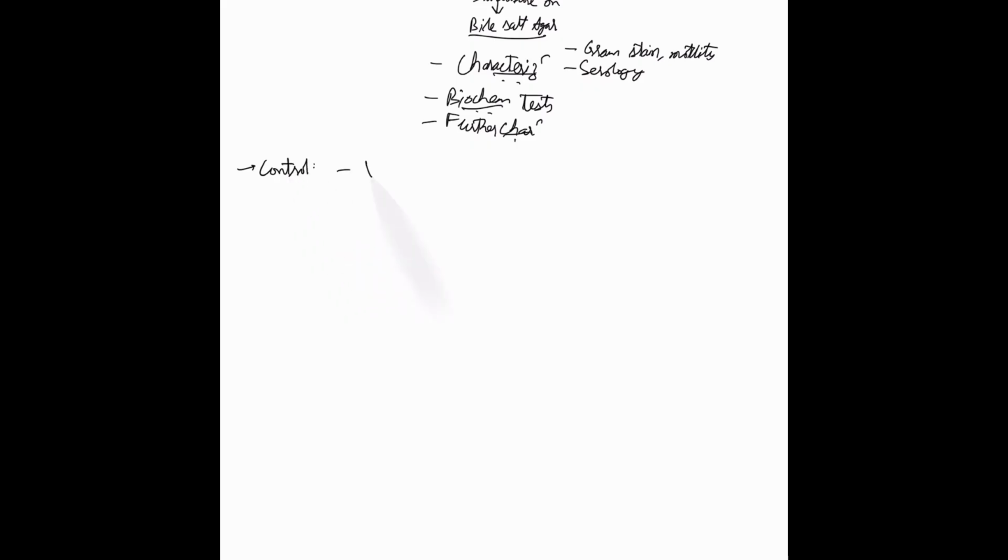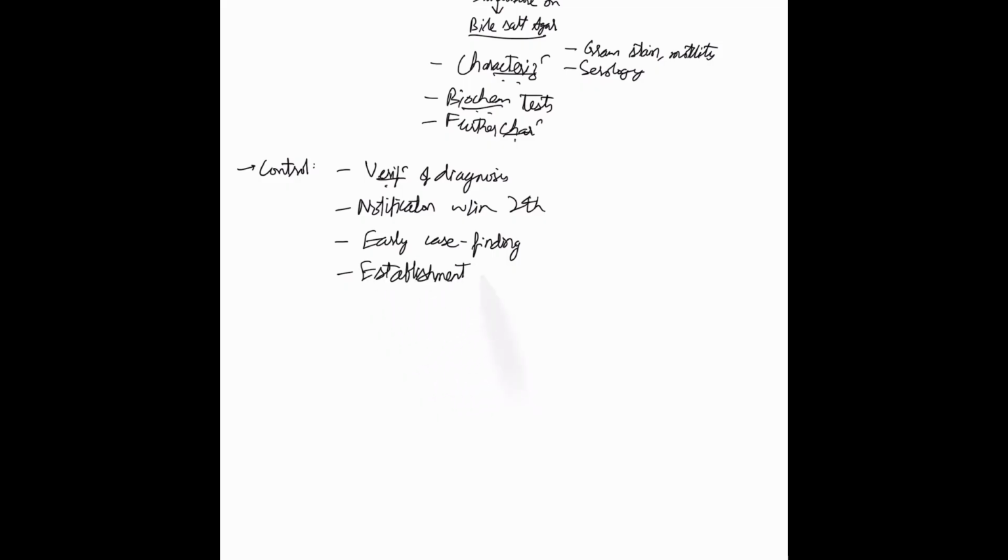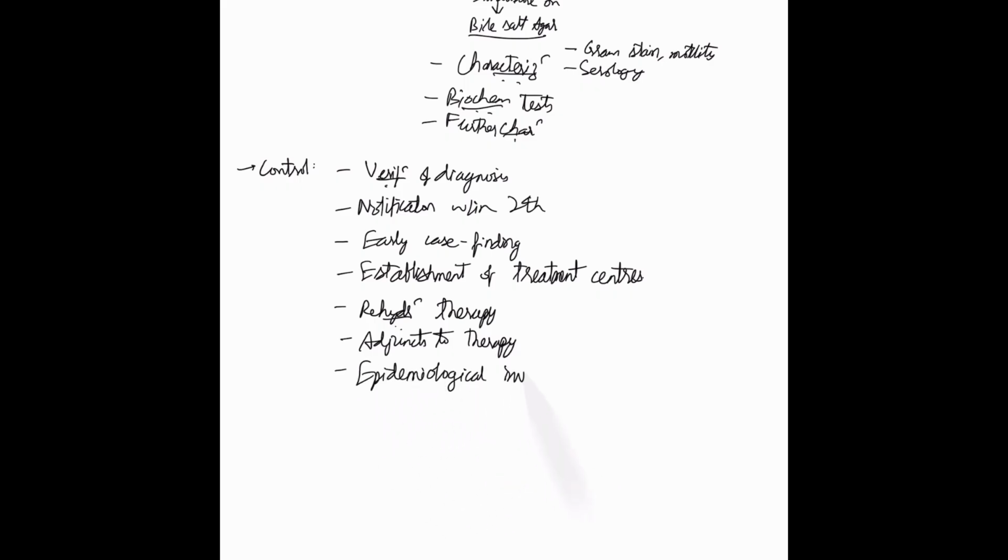Under control measures, we have verification of diagnosis, notification within 24 hours, early case finding, establishment of treatment centers, rehydration therapy, adjuncts to therapy, epidemiological investigations, and sanitation measures including water control, proper excreta disposal, food sanitation and disinfection, chemoprophylaxis, then vaccination, in which you have oral vaccines, Dukoral, which is monovalent and heat killed, which requires a bicarbonate buffer as it contains B subunit of the toxin.